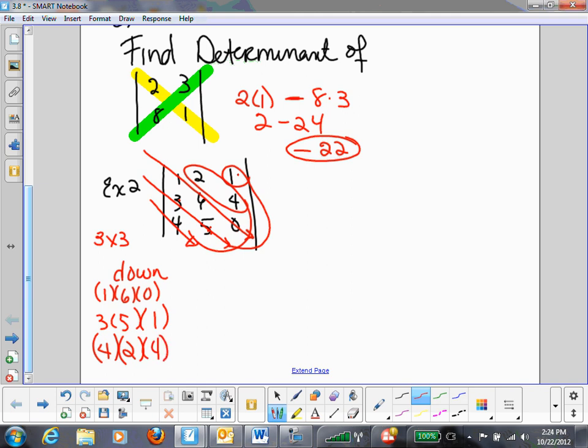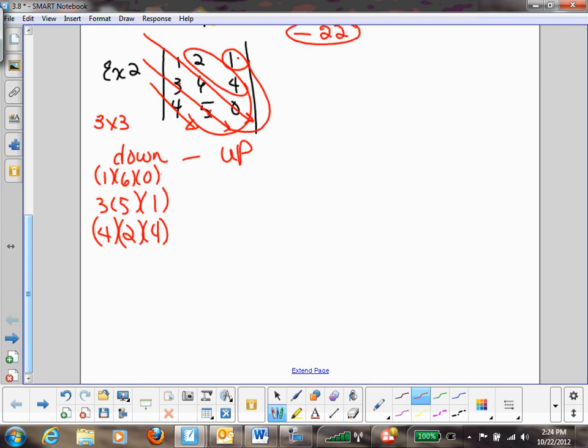Now remember, it's down minus up, right? So this one gave me 0, this gave me 15, and this gave me 32, correct? That's what all those products come up to. So what is my final value of adding all these up? 47. It's all the downs minus all the ups.